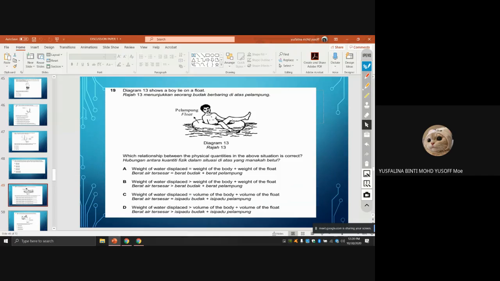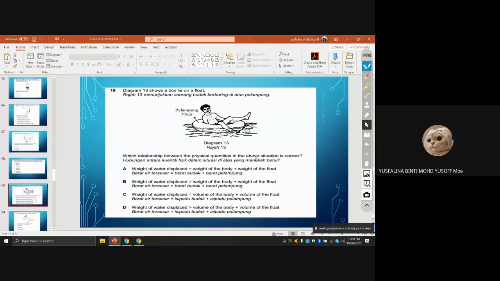Okay, number 19, diagram 13 shows a boy lying on a float. Which relationship between the physical quantities in the above situation is correct? Again, it's a float, so the weight of the water displaced is equal to the weight of the body plus the weight of the float.